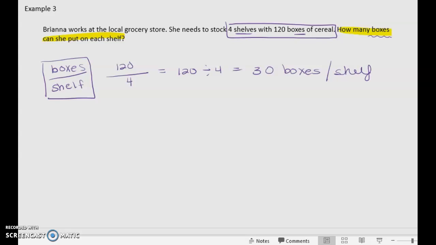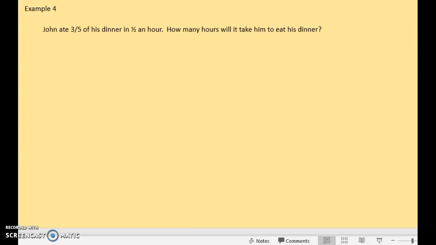Okay, and lastly, then we did ones that had fractions in them, but it was the exact same thing that we did. So John ate 3/5 of his dinner in a half an hour. There's the numbers. Let's look at the last part of our question, the part that ends in a question mark. How many hours will it take him to eat dinner?